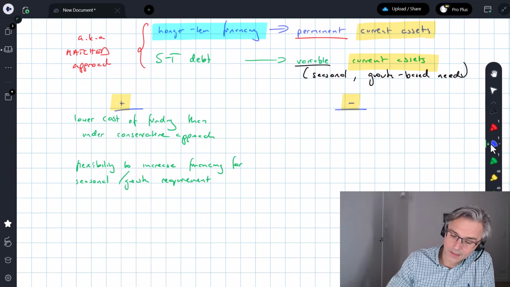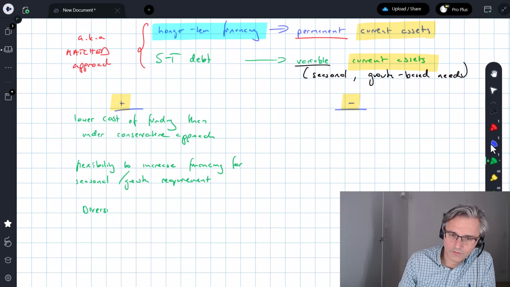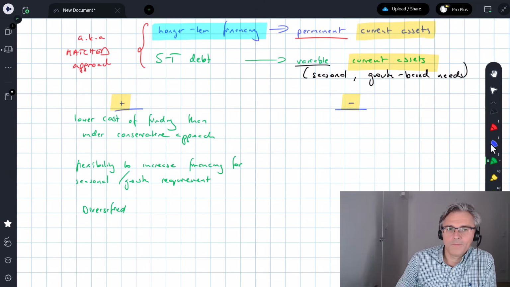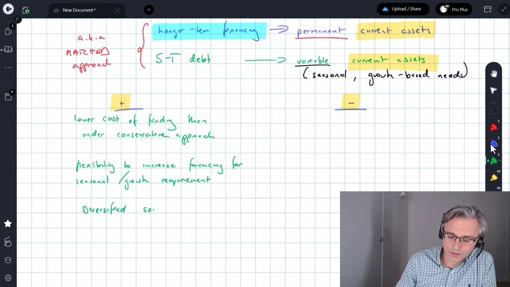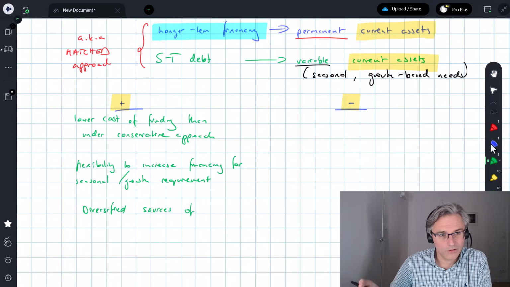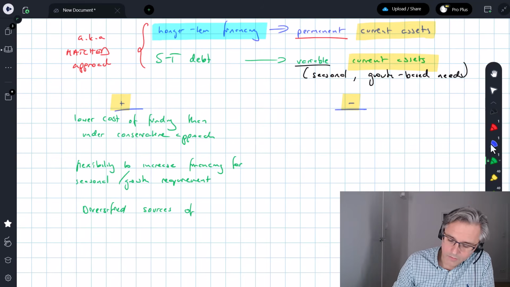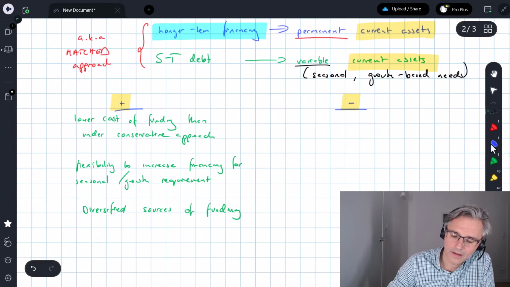And I guess something that may not be so obvious is that you have more diversified sources of funding, as opposed to either aggressive or conservative, where it's all about long-term funding or pretty much all about short-term funding. So more diversified sources of funding your current assets.